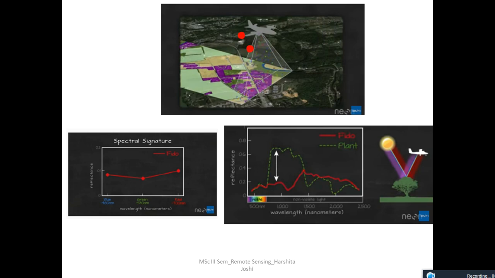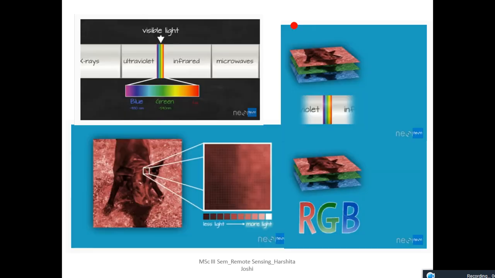Then we also understood the spectral signature of plants and got an idea of how various objects on the earth's surface will show different types of spectral signature curves, okay, depending upon the composition of the substance on which the EME is falling, because it may absorb, reflect or transmit on the basis of its composition and the mineral structure, right? Mineral structure or the structure of the tissues, if we say it for the plants.